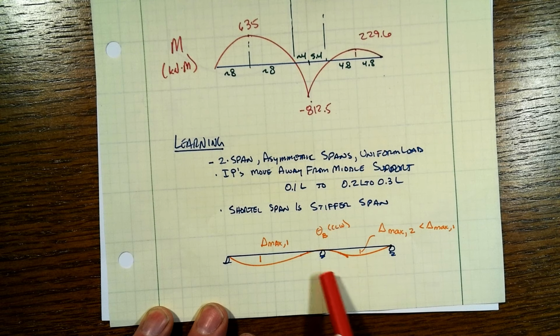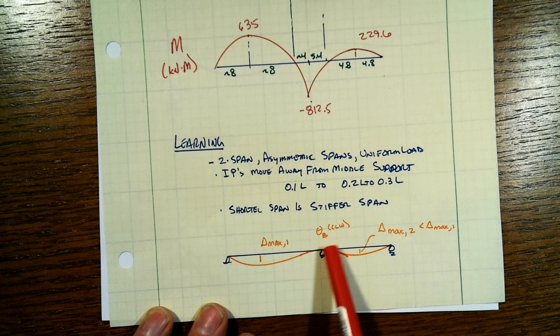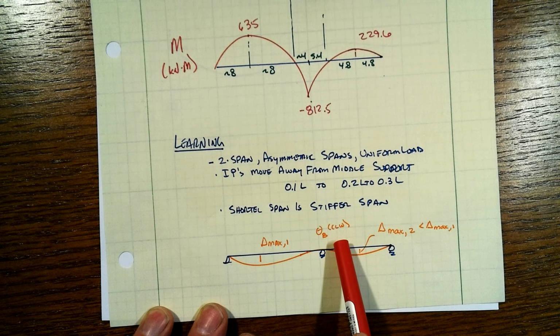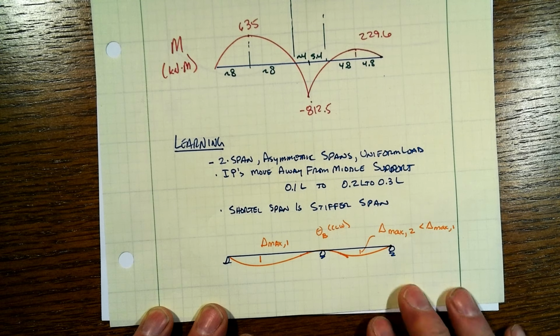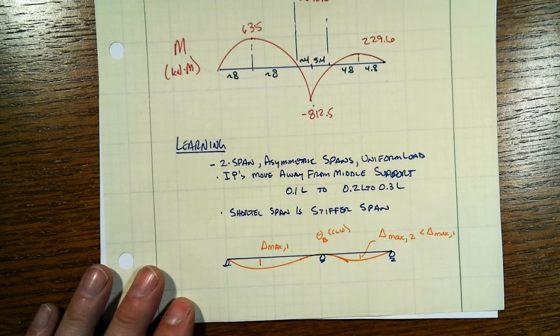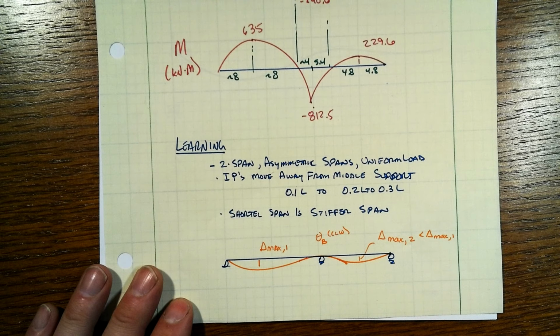And then the consequence is that this beam in the middle is not going to have zero slope. Unfortunately, I kind of drew it that way. Instead, it's going to have a counterclockwise rotation to help accommodate what it wants to do, which is to deflect more in that longer span. So in the next part, we're going to take a look at the computer modeling and try to understand that in greater detail.